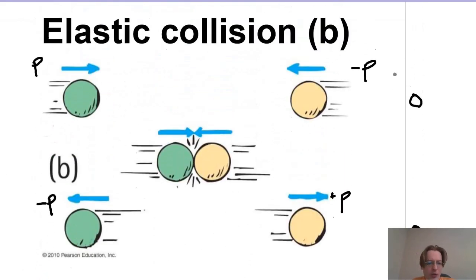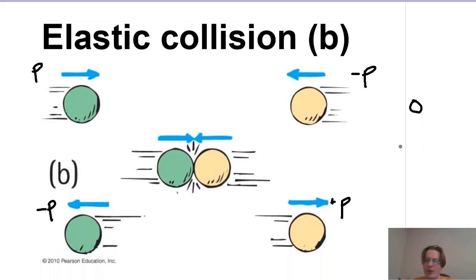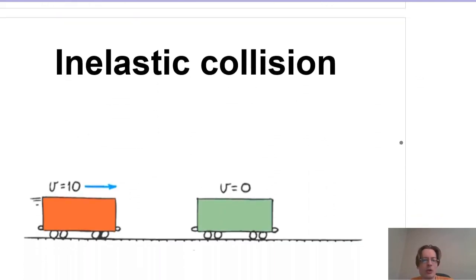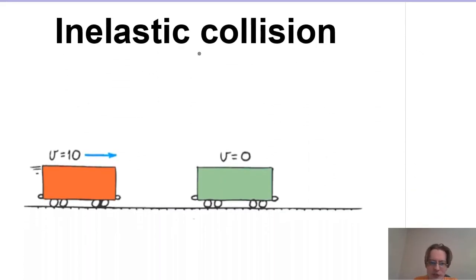Now, these elastic ones, they're very common. Bouncy things hitting off each other, they're elastic collisions, like billiards. However, they're not so good for just solving problems because they're complicated. They have two moving parts before and afterwards. So instead, we typically will look in detail at inelastic collisions, where the objects stick together.